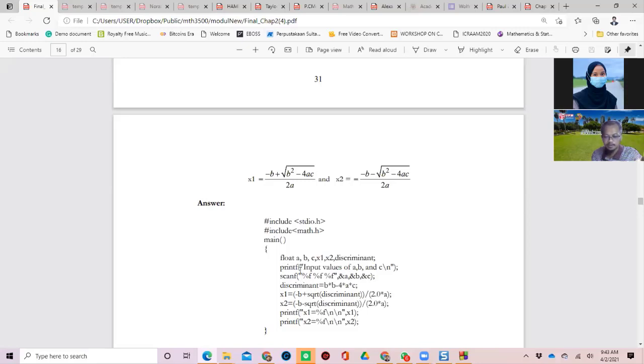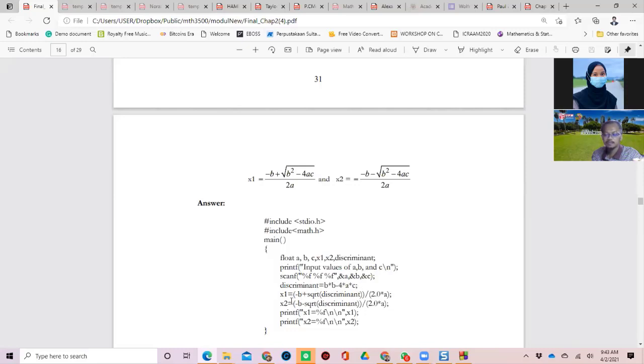If you write "input value of A, B, C", then the user knows from the blinking cursor that the request is to input A, B, and C. After we input, we calculate the discriminant, B squared minus 4 times A times C.